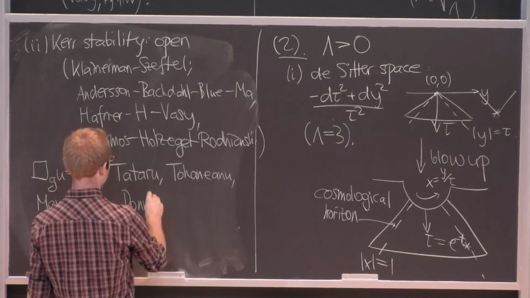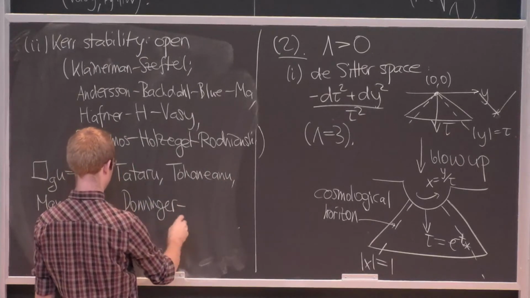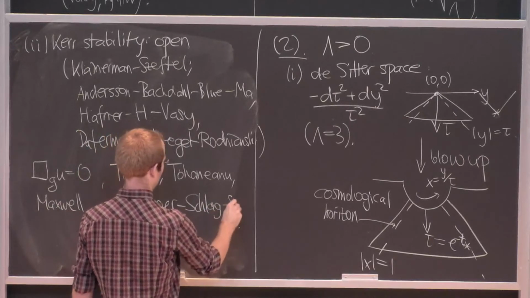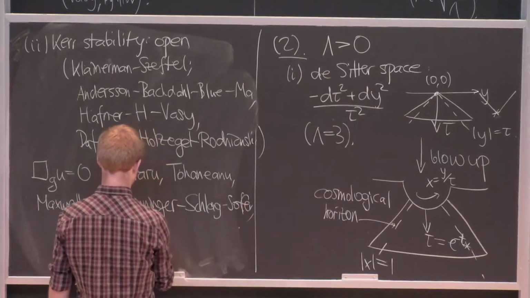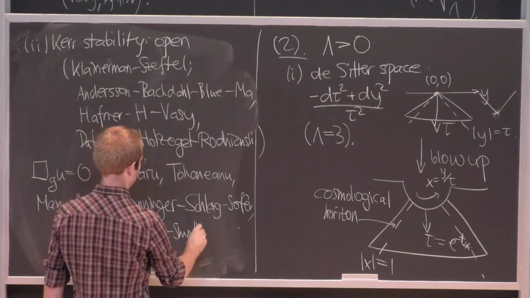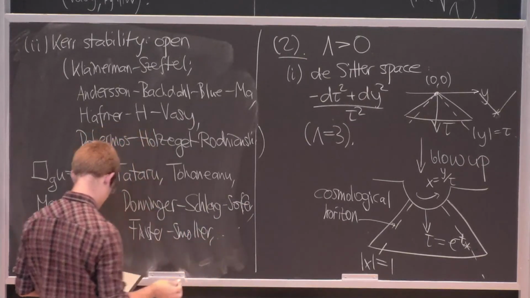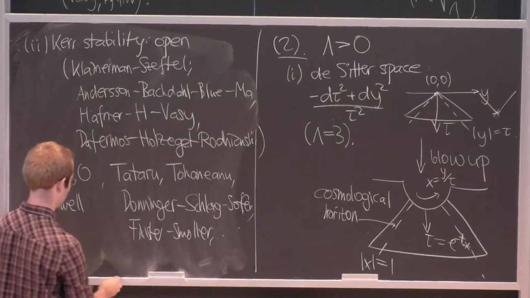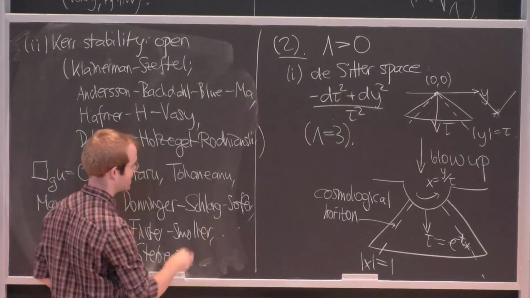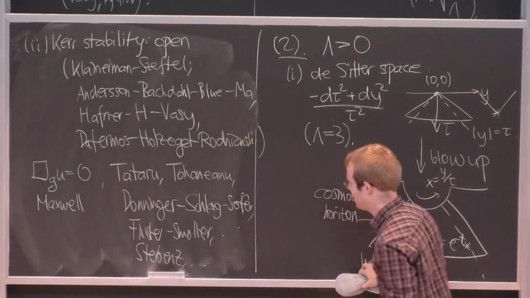There's a long history, and I'm going to stop at some point writing down names. Donninger, Schlag and Soffer. Felix Finster, and Smoller. And apologies to anybody who I'm not mentioning, like Jacob Sterbenz. All I'm saying is there's a very big literature on this.